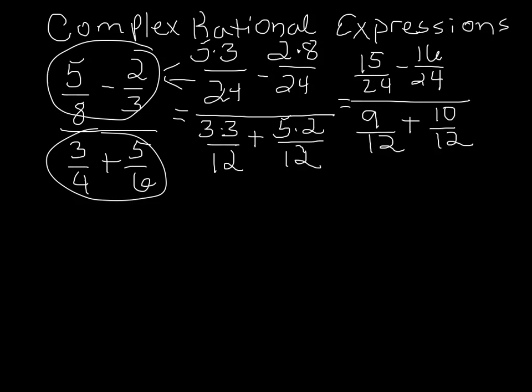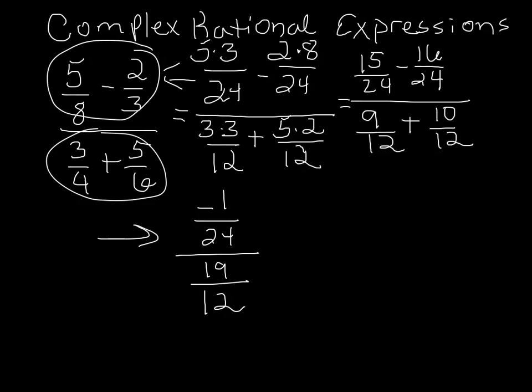And now we can continue to simplify so that our numerator is minus 1 over 24 all over 19 over 12. Now, while this is simplified, we're not done yet.